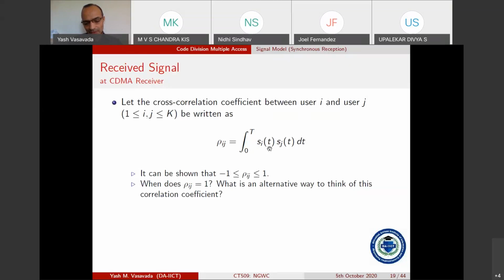Now you know that if I have two vectors, let's say A and B, and I'm taking the dot product of the two vectors, the result can be written as the length of A times the length of B times the cosine of the angle between the two vectors. But the individual lengths, we have already said they are 1.